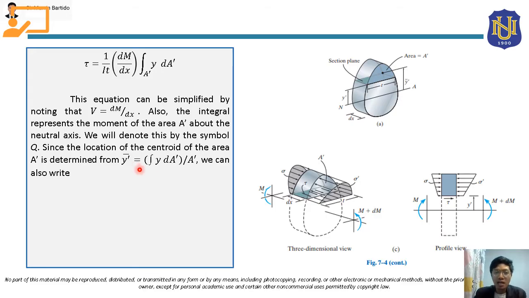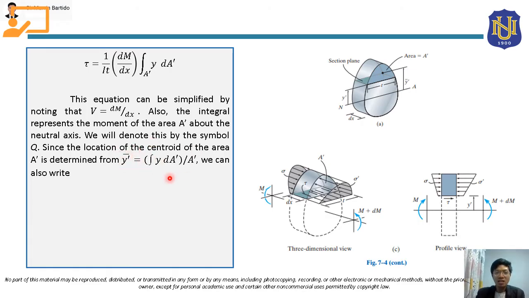The formula you probably remember is y bar equal to the summation of ay, the sum of the moments of the areas, wherein the moment arm is the corresponding y coordinate of the areas you are summing up.